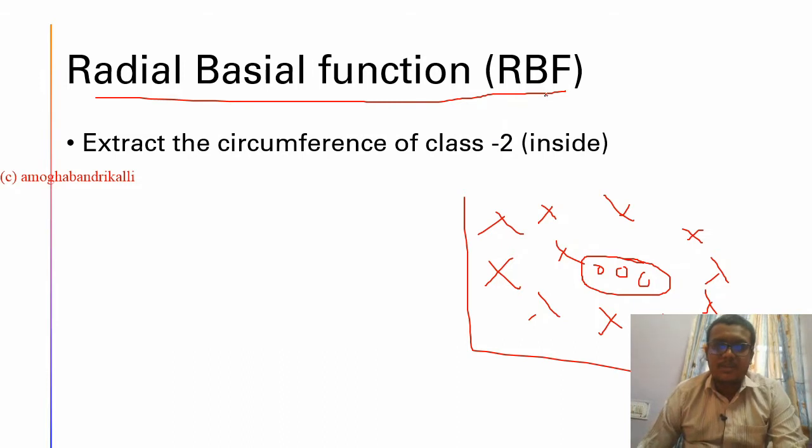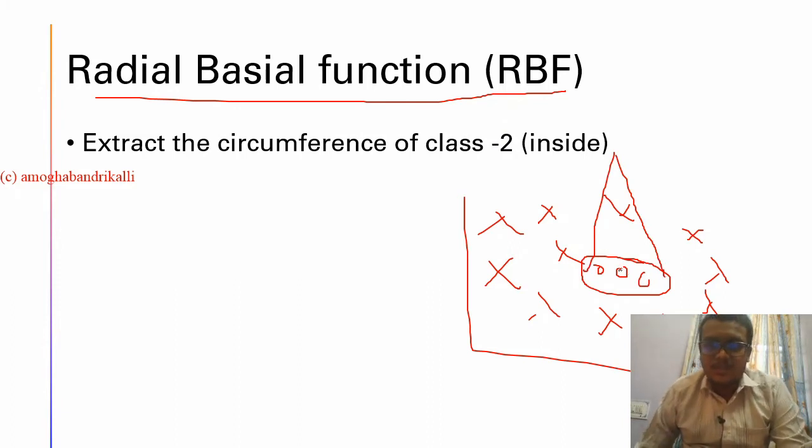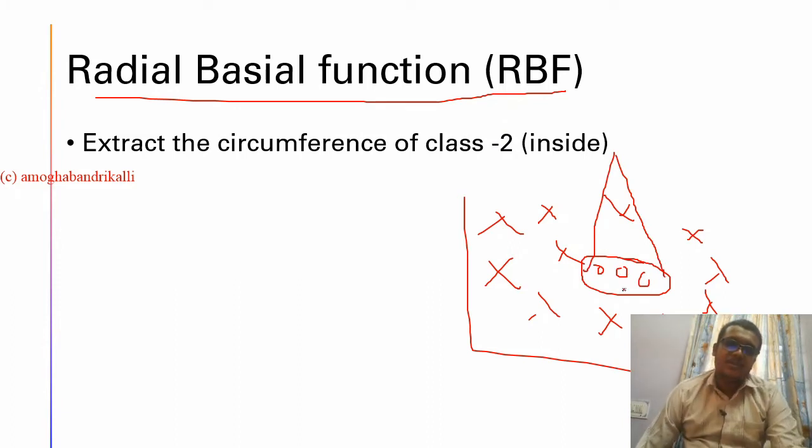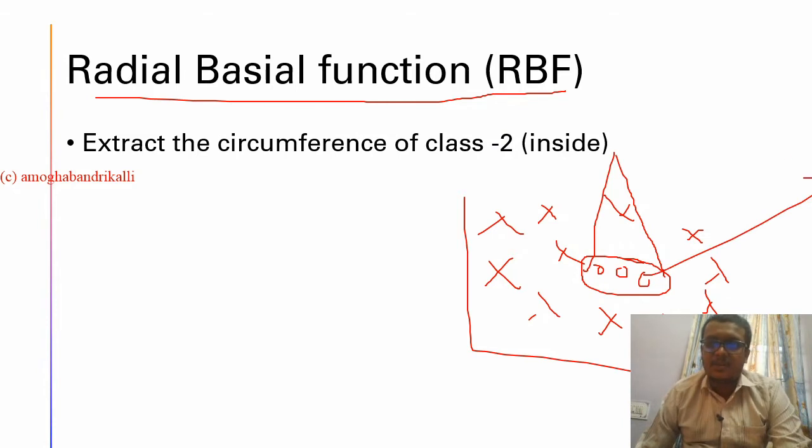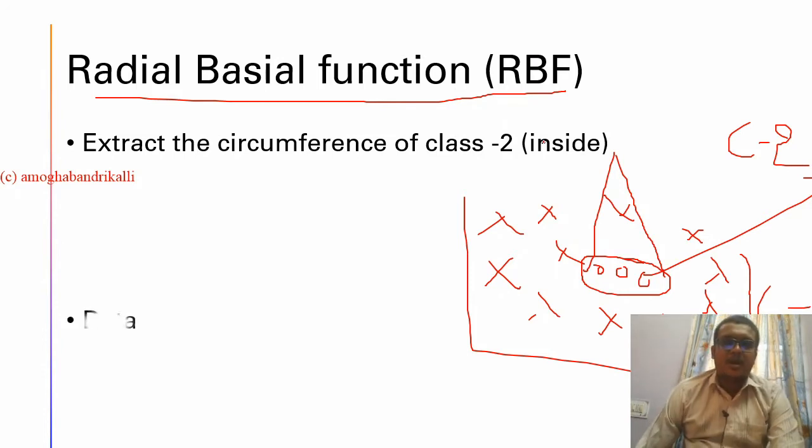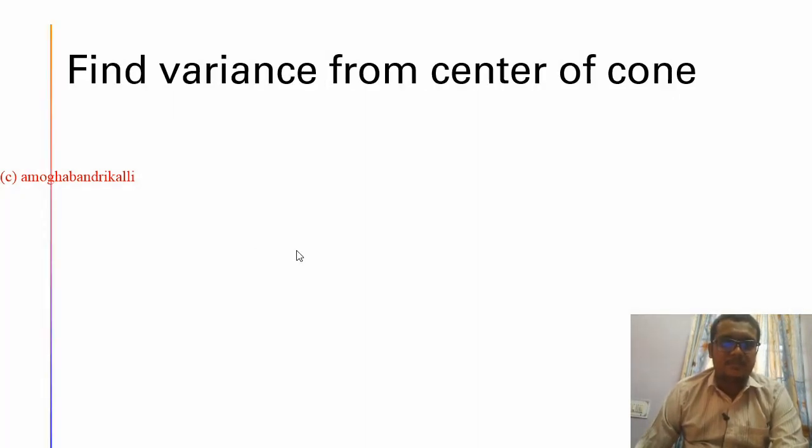Using a kernel function called RBF, it finds a circumference. All the points coming inside the circumference will be class 2 and the rest will be class 1. That is called the RBF function.